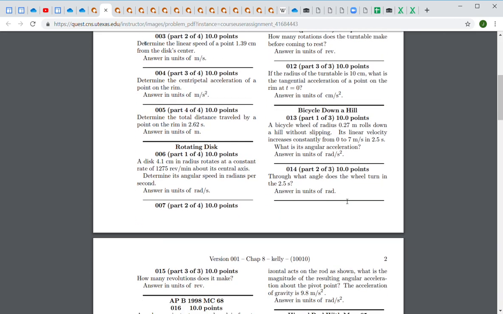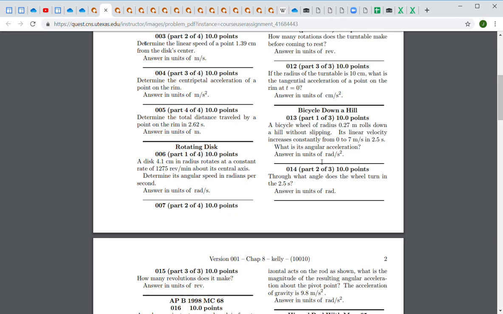Part 2, through what angle does the wheel turn in 2.5 seconds? This sounds like a kinematics kind of problem, and again, probably the easiest way to proceed is to use omega final squared equals omega initial squared plus 2 times alpha times delta theta, and the alpha we've already figured out above, and so it looks like we know everything.